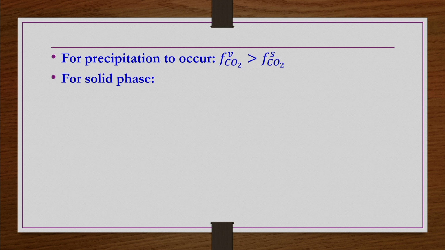That is the assumption: only CO2 is being precipitated, if at all it is occurring, and H2 is not being precipitated. Under such an assumption, if precipitation is occurring, the solid phase is going to be pure solid CO2.